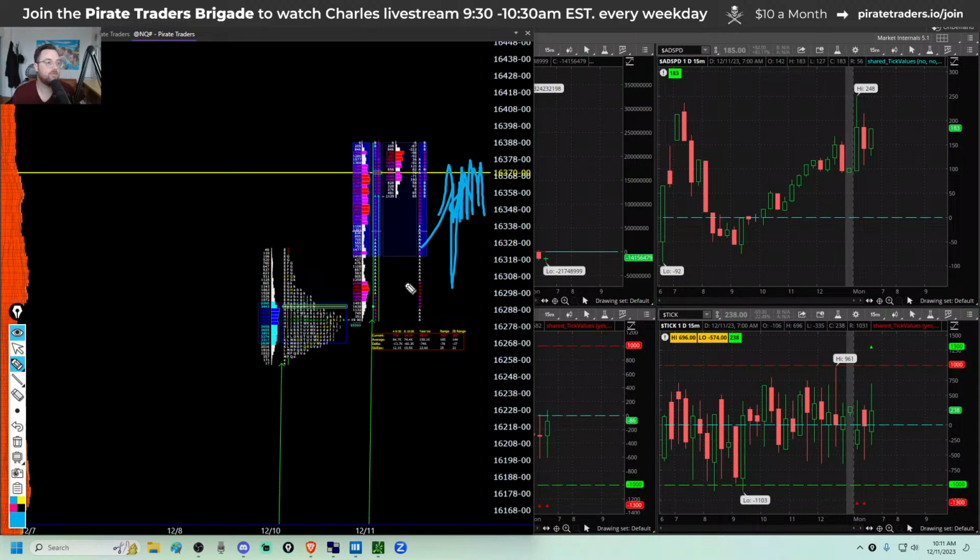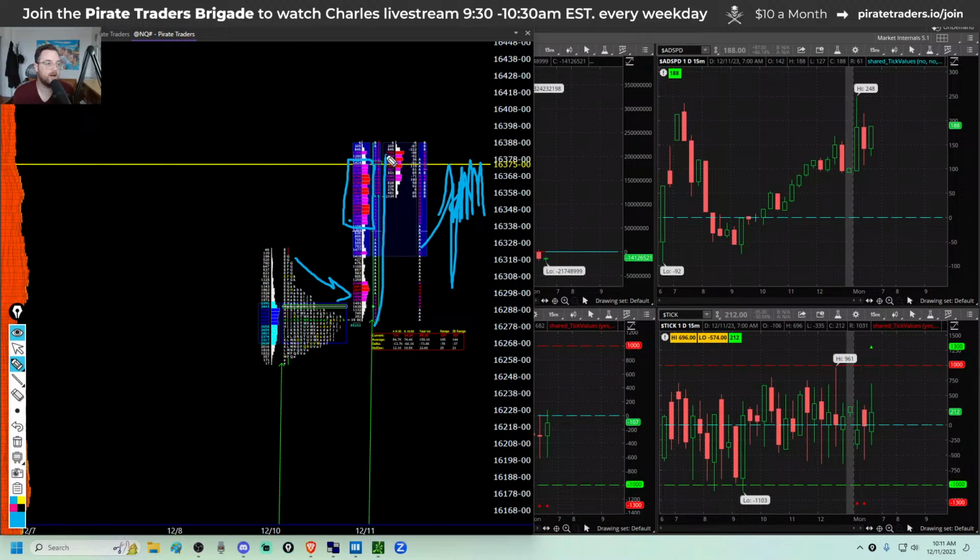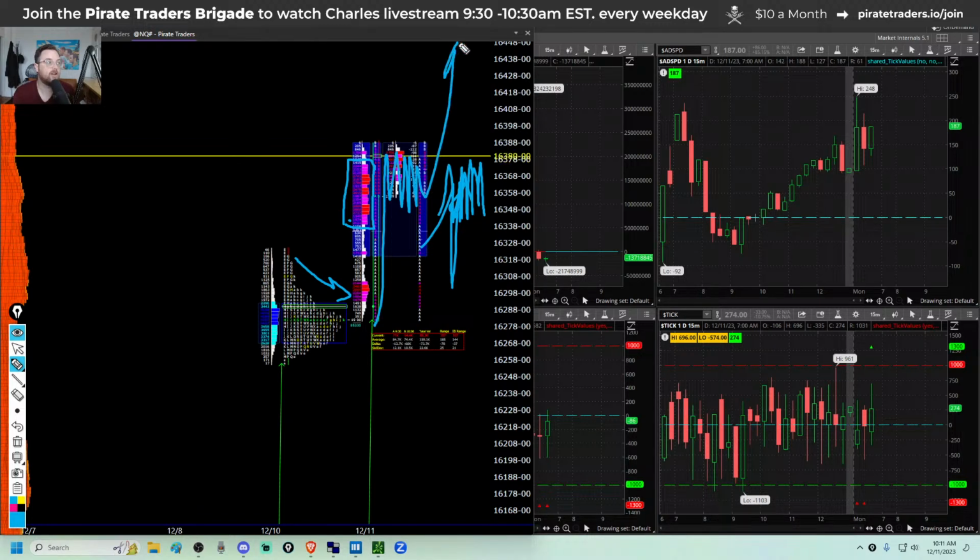Also, if we look at the volume, a majority of the volume traded so far today was above rather than below. So that's bullish. All of that price action is what we want to see. We want to see the market push to a new higher level and then spend time and bring in volume. That increases the odds it's going to get another push up.